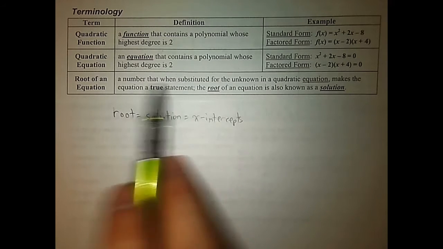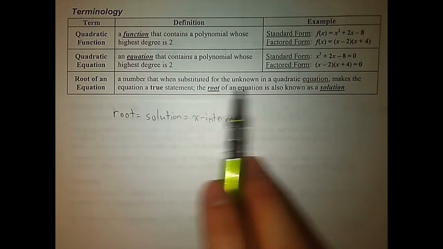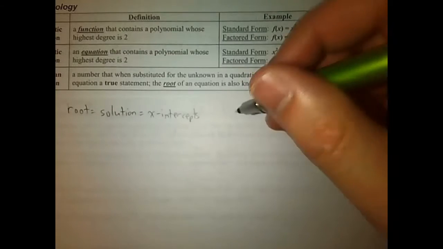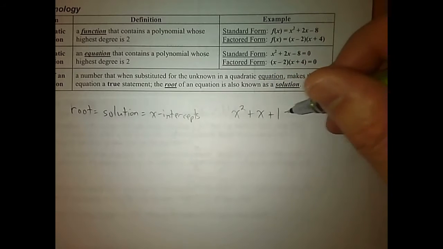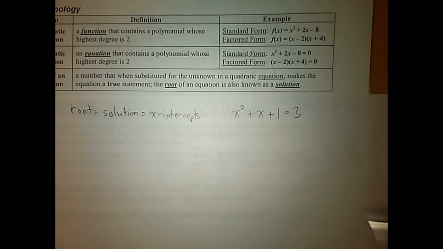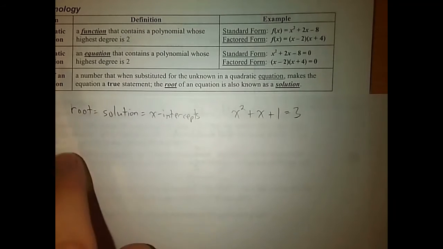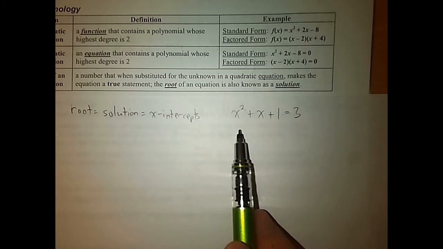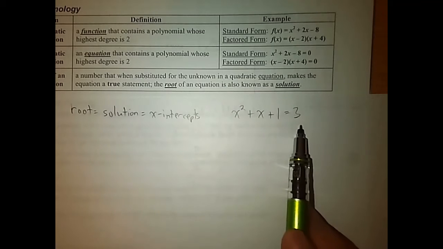The first part of the definition is just a number that, when substituted for the unknown in a quadratic equation, makes the equation a true statement. So as an example of that, if I have a quadratic equation like this, I know it's an equation because it equals 3 here. There's no function notation, so it's a quadratic equation. So what number can I put in for x, or what is x equal to, for this side to equal this side?